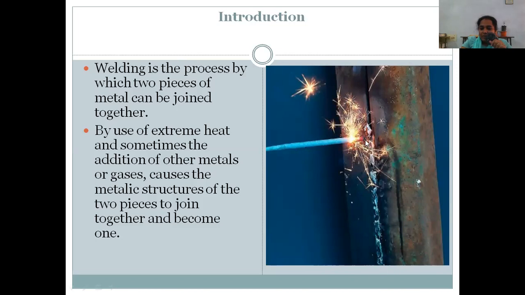When the tip of the electrode touches the metal surface, the electrode metal melts and forms a hard surface over the gap where it has to join, and after cooling it will weld.